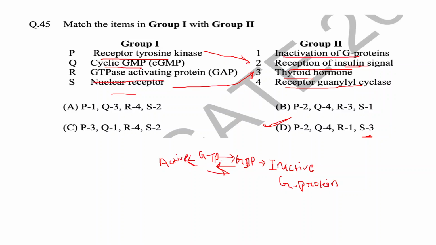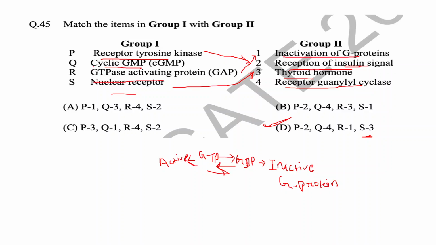When GTP is converted into GDP, then it forms inactive G protein. When GDP is converted into GTP, then it will activate the G protein. Okay, so GTP activating protein will lead to the inactivation of G protein.